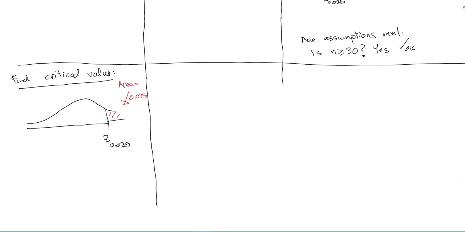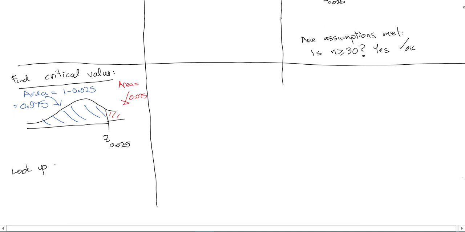And so the area of the rest of it, all this stuff, is going to be 1 minus 0.025, which is 0.975. Then I look up area equals 0.975 in my normal table.